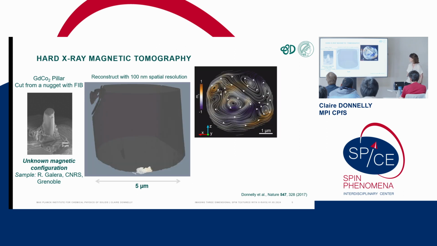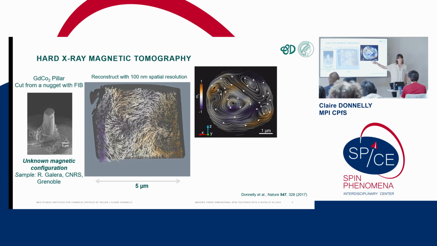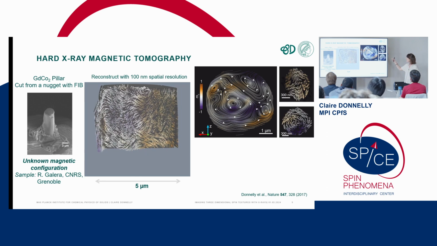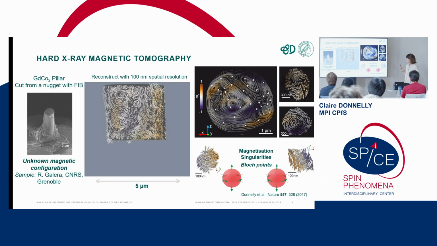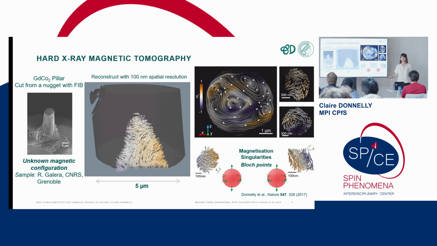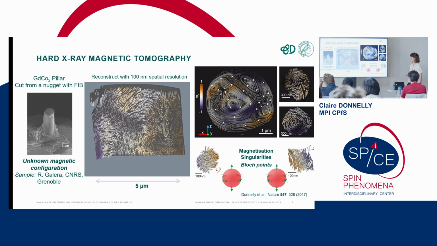And we got an insight into, for example, the kind of 2-dimensional topological textures we found, so vortices, anti-vortices, and how they propagate through the 3-dimensional space. But we were also able to, for the first time, directly image these magnetization singularities in 3D, these Bloch points, which, of course, mediate topological transformations in 3D.